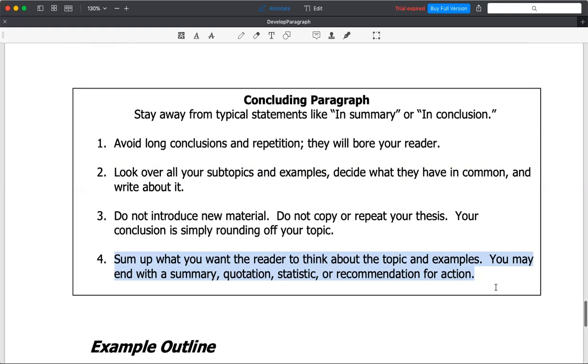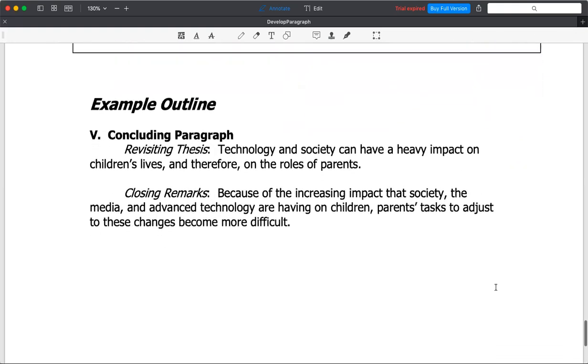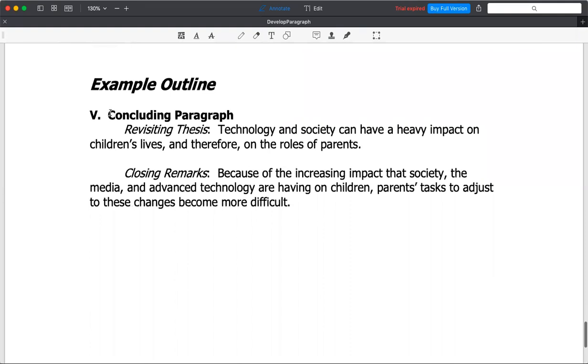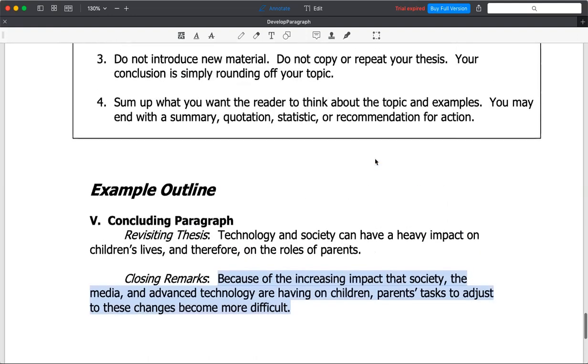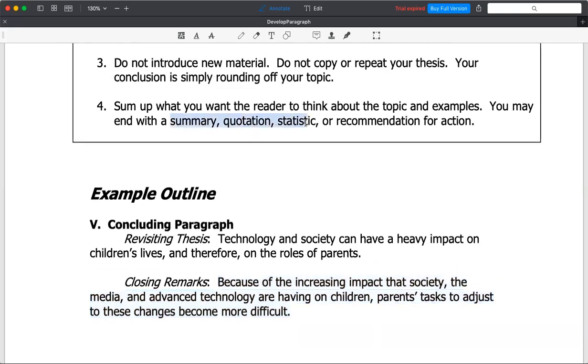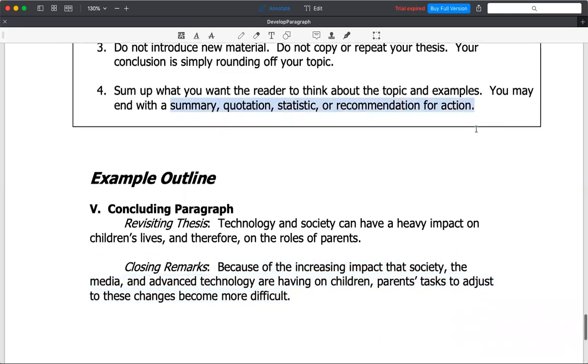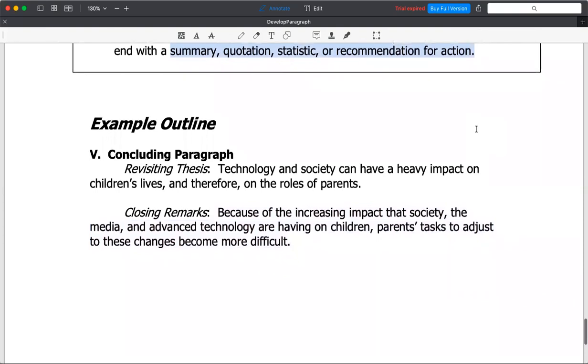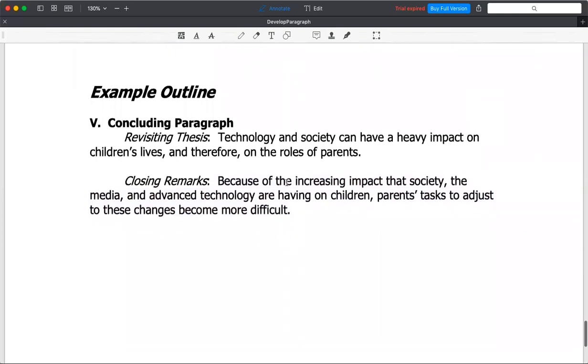So you need to pause this video and review the outline. As an example for the fifth paragraph, the concluding paragraph, you can revisit the thesis or paraphrase the thesis: technology and society can have a heavy impact on children's lives and therefore on the roles of parents. Then the closing remarks could be a summary, a quotation, a recommendation for action, or something forward looking like a future plan.